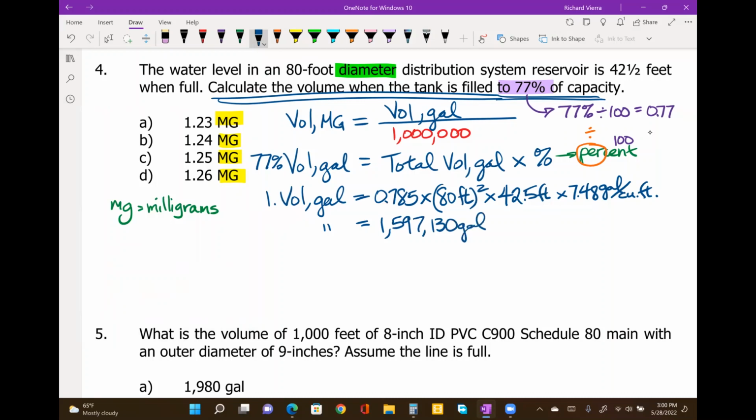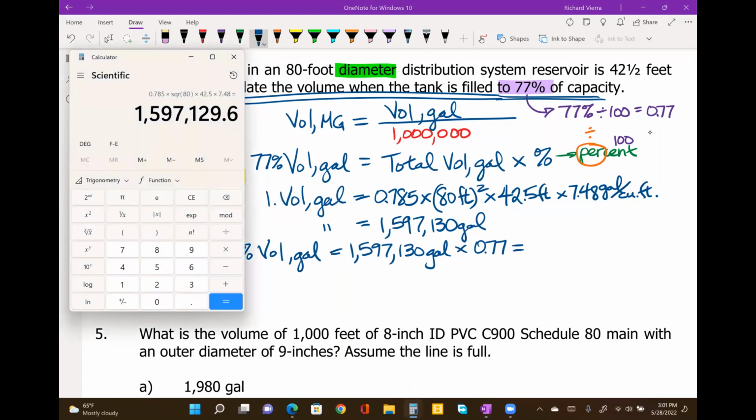Okay, so now we can go ahead and determine what the 77% volume is, also in gallons, by multiplying that number, 1,597,130 gallons, by 77% in decimal form, 0.77.